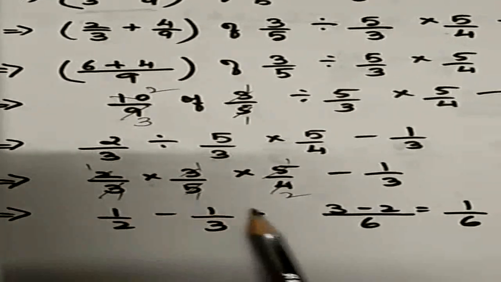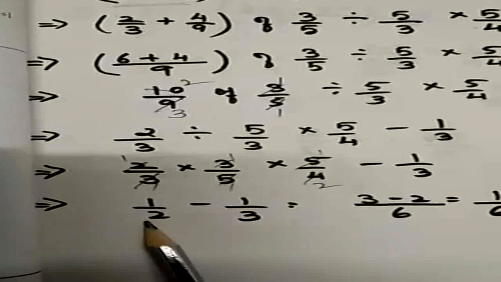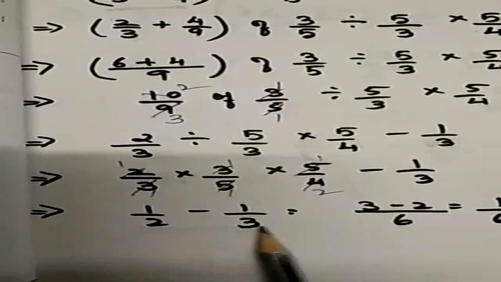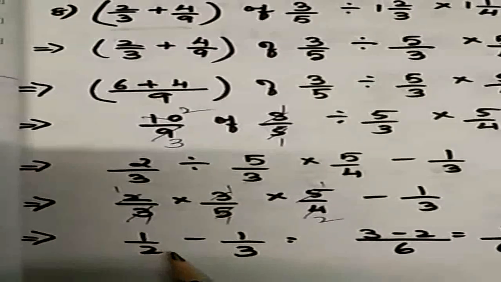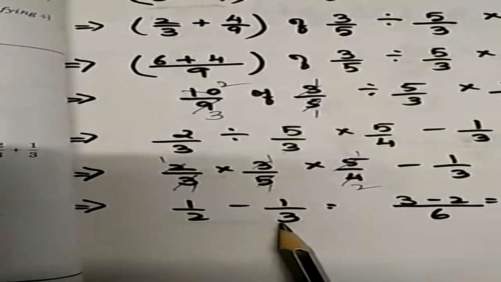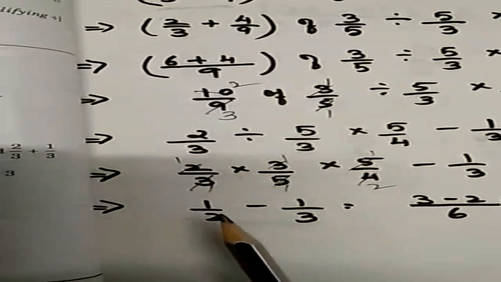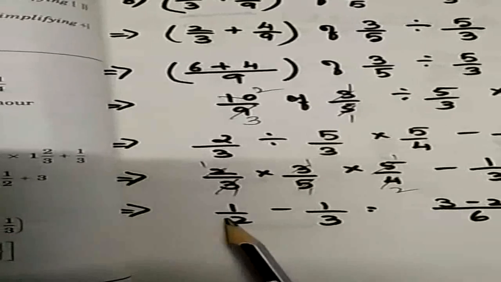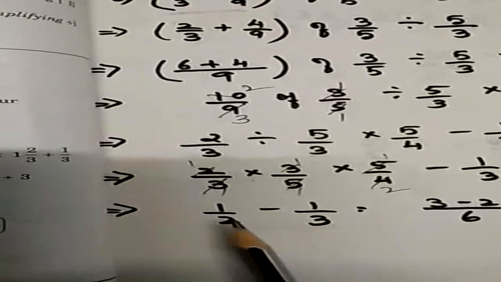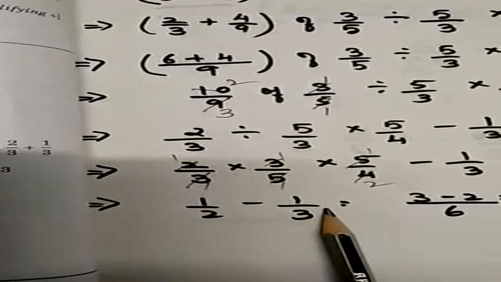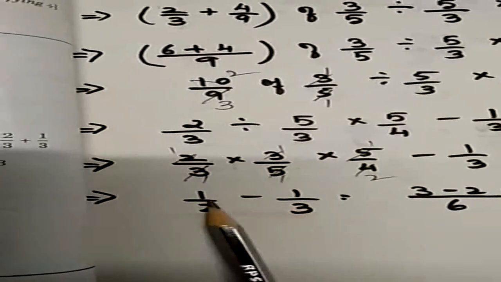Now this minus you have to solve. Whenever you do this, you have to take the LCM. 2 and 3 we call co-prime numbers. What is the meaning of co-prime numbers? Co-prime numbers means two or more numbers which do not come together in any table.